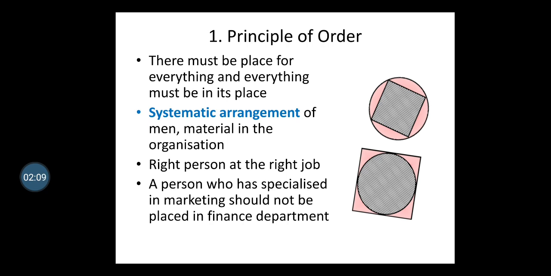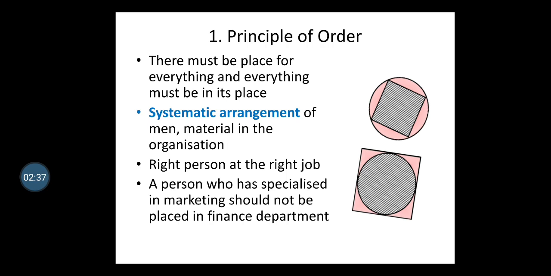For example, a person who has done his specialization, his majors in marketing, should not be placed in the finance department. As you can see in the image, it reminds me of the block game we played in childhood. We had to place the right shape in the right block. A square can be fitted in a circle or a circle in a square, but there are gaps, and that's what happens when a wrong person is placed.